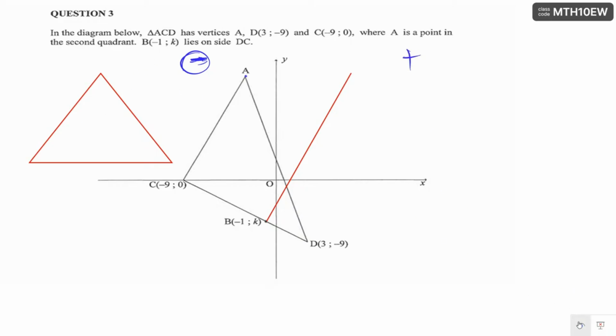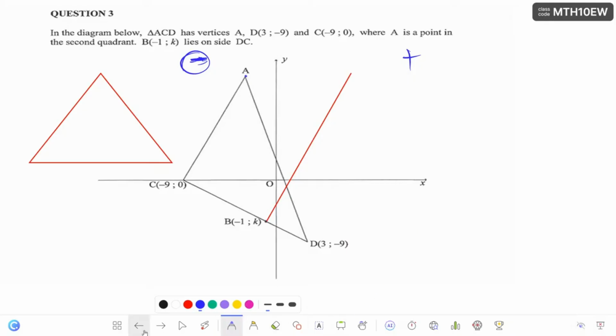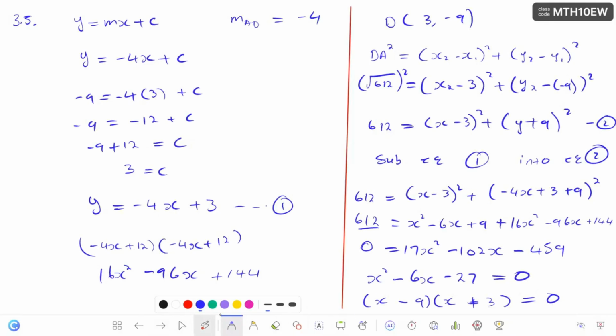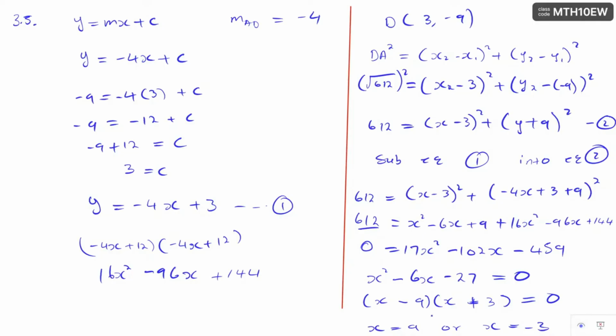So we need to make a decision which value corresponds to that one. We conclude that positive 9 is not applicable, but negative 3 is applicable because that side is the negative side. So you need to take this negative 3 and substitute into equation 1.